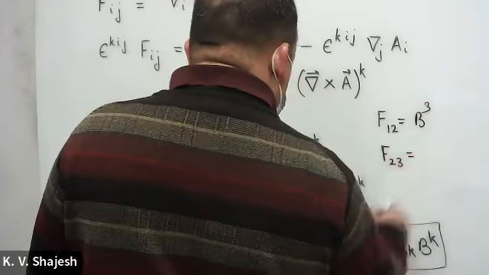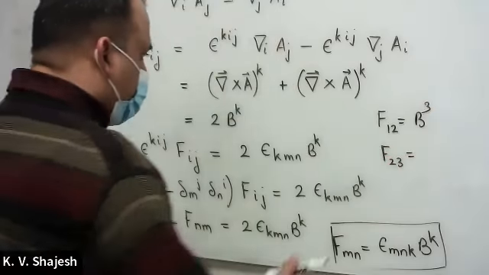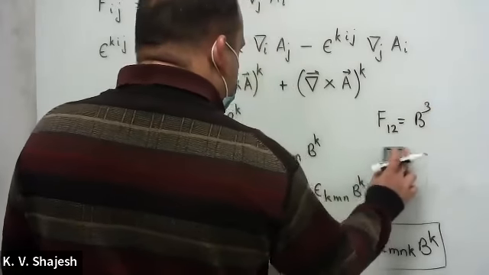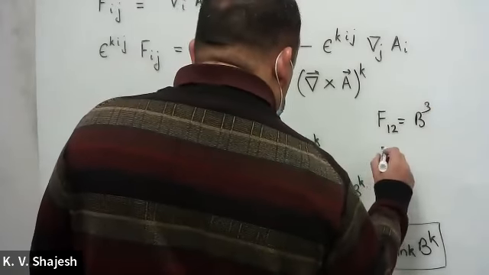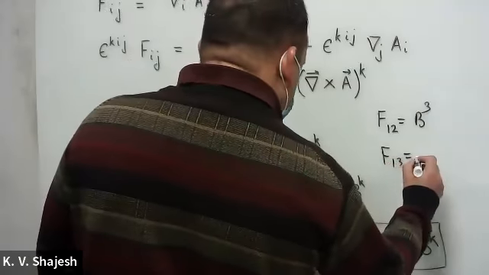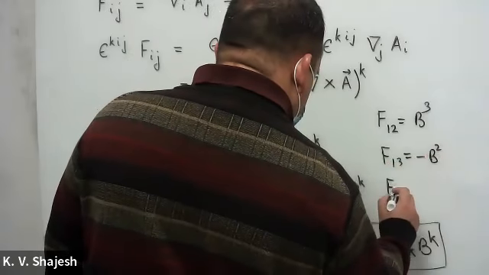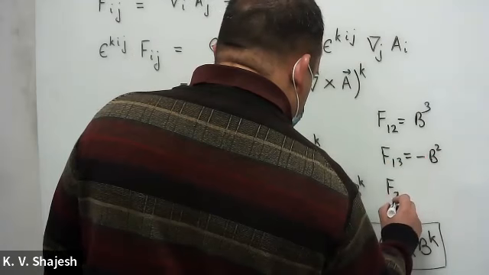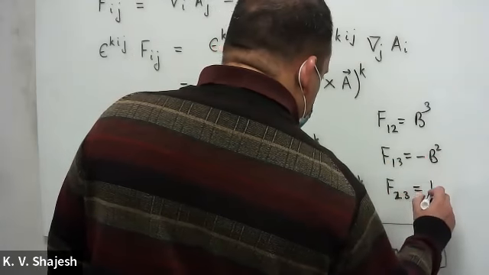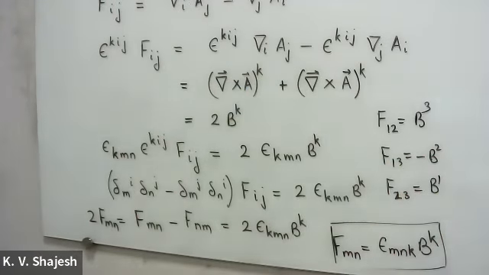F13, so 1, 3, 2, I have to swap this, so it's minus B2. And F23 is 1, 2, 3, equal to B1. Clear? Any questions at this stage?